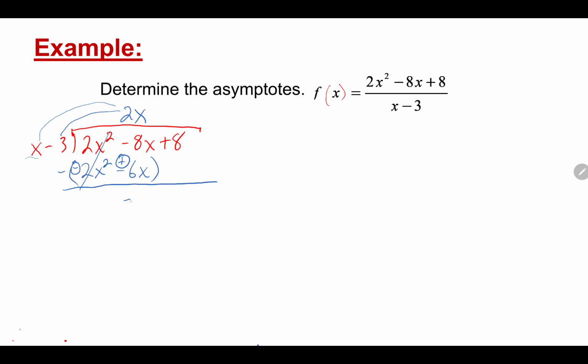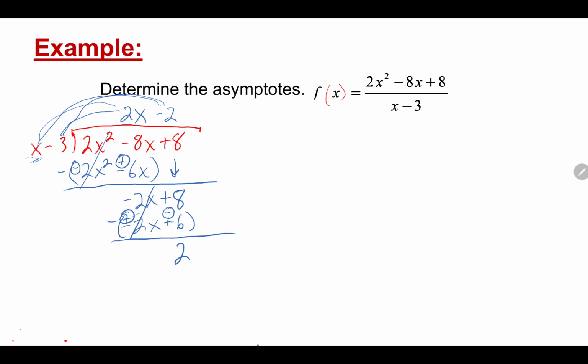Negative 8x plus 6x is negative 2x, plus 8, just bringing that down. Now, what times x is going to give me negative 2x, and that's minus 2. Now, this times this is going to be minus 2x, and this times this is going to be plus 6. Again, I put in parentheses, apply the negative, makes this a plus, makes this a minus. Negative 2x plus 2x is 0. 8 minus 6 is 2.